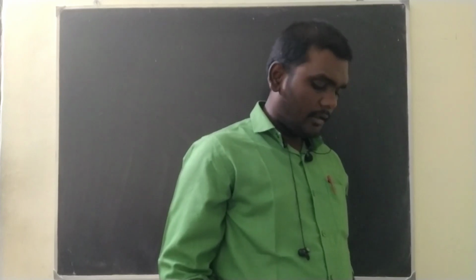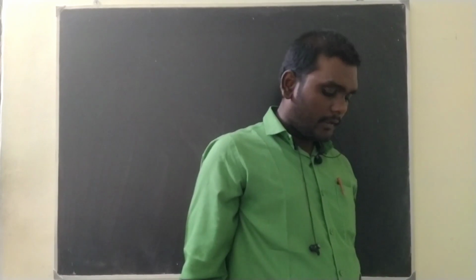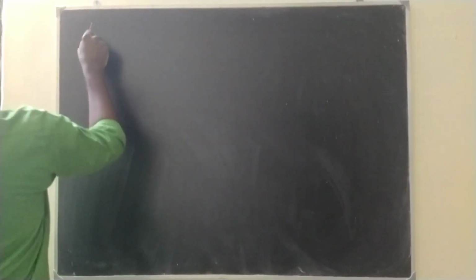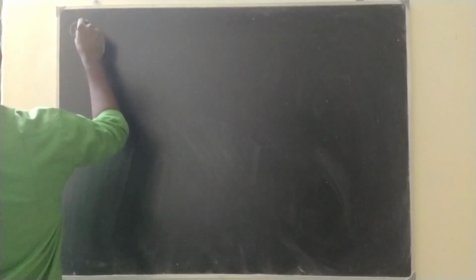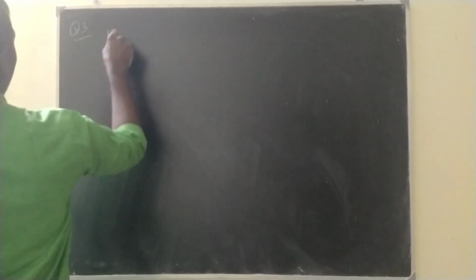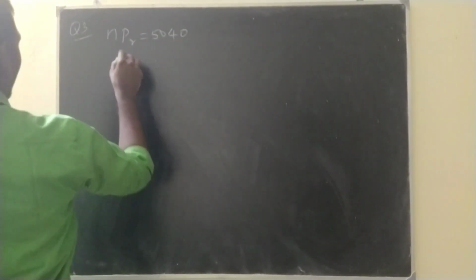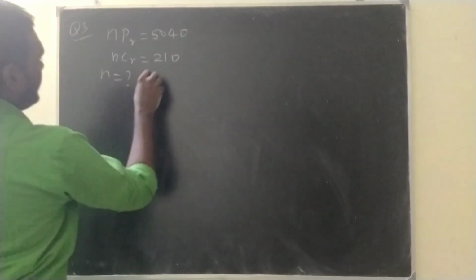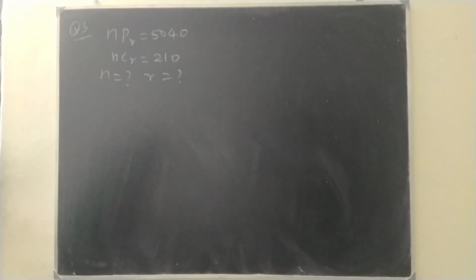And next question. The number of ways of selecting 6 members out of 12 members, always including a specified member. Third question, oh sorry, yes, I didn't see. nPr equals 5040 and nCr is 210. Then we have to find n and r. nPr and nCr given. How can we find n and r?